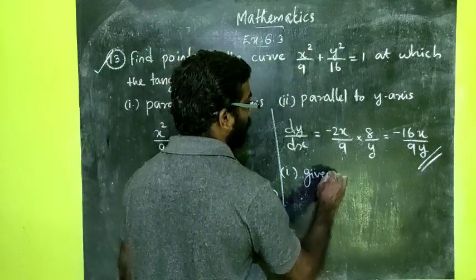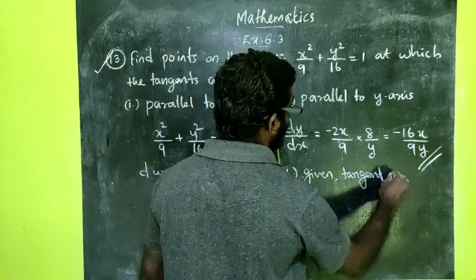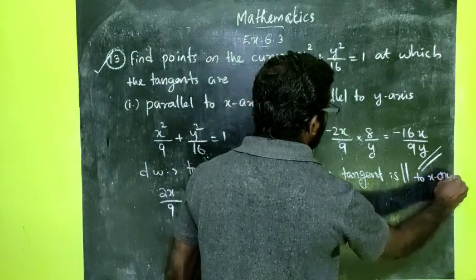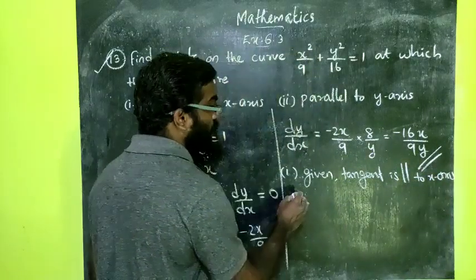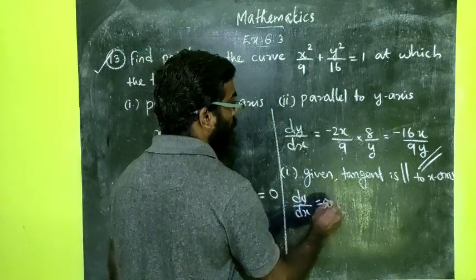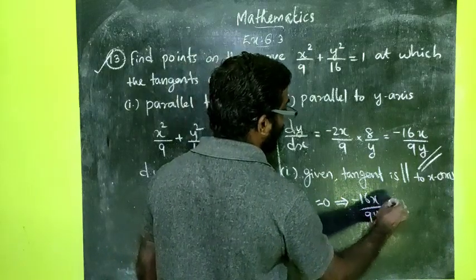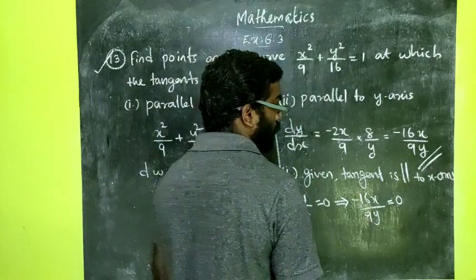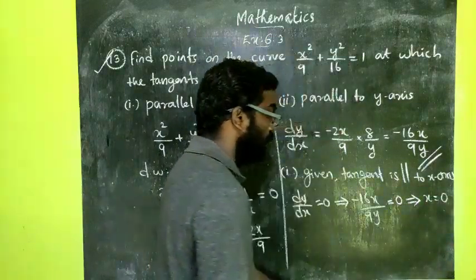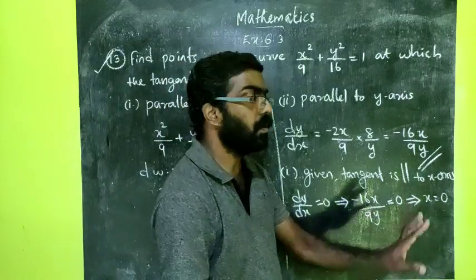So given tangent is parallel to x-axis, the slope of the tangent dy by dx is equal to 0, which implies minus 16x by 9y is equal to 0, and we can write x equal to 0. If we cross multiply, 9y, minus 16x equal to 0, and x equal to 0.